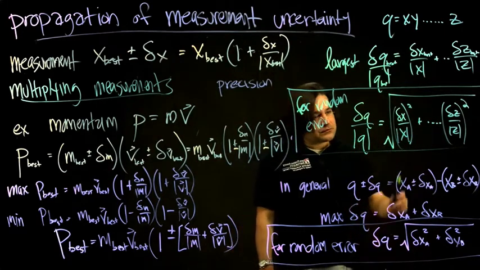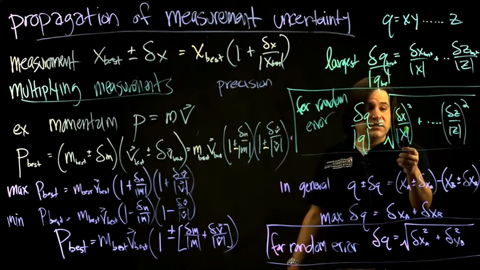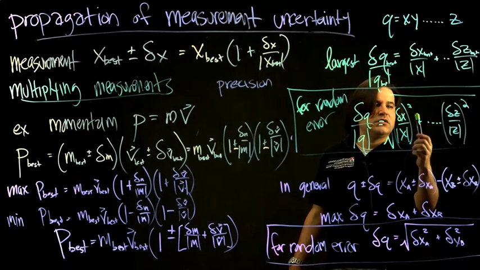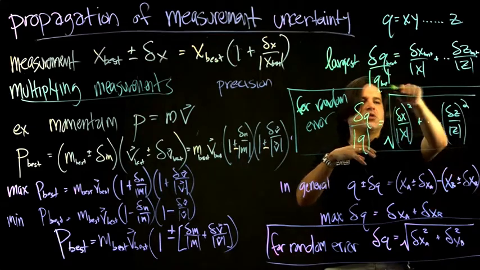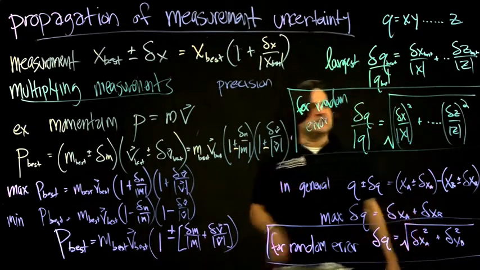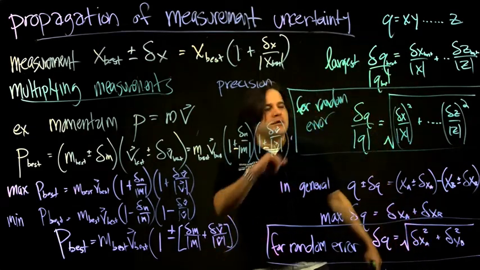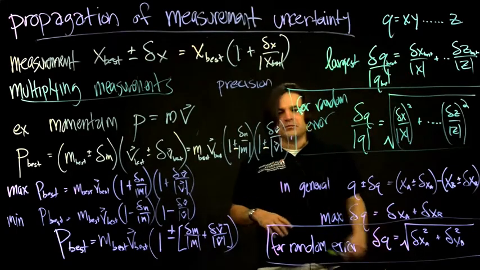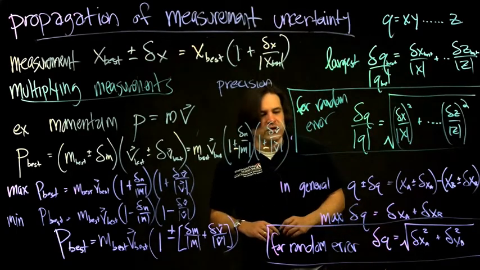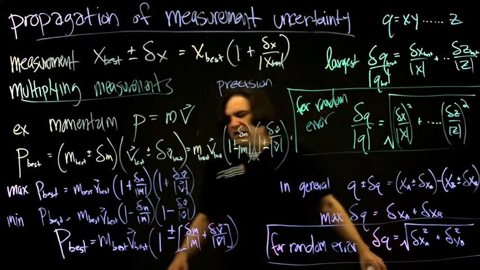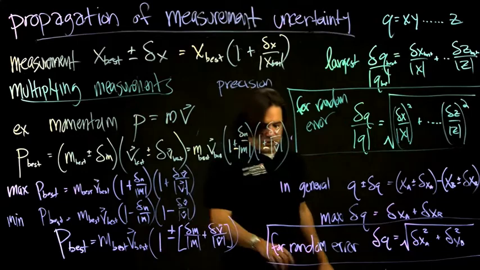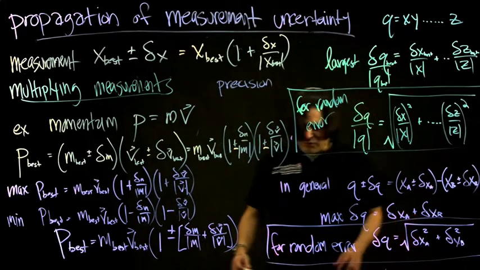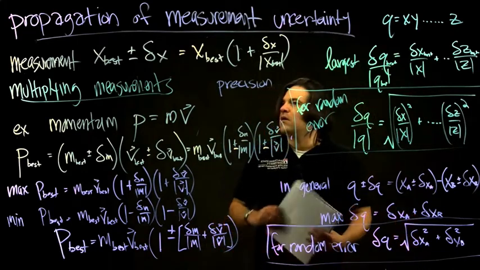You would take the fractional uncertainty of one measurement, square it, add it to the next one, square it, add it to the next one, square it, and then once you have that sum, you take the square root of that whole thing. It's similar to this, but it's a little bit smaller. And that's because you can make it a little bit smaller if you can claim that it's a random error.